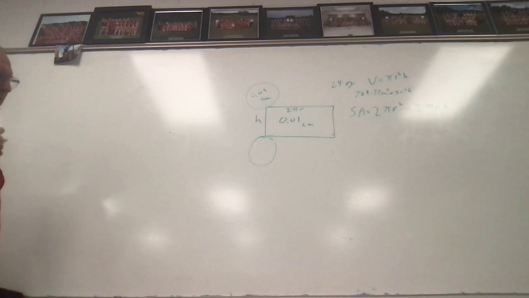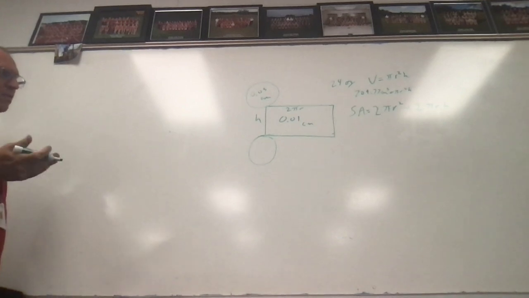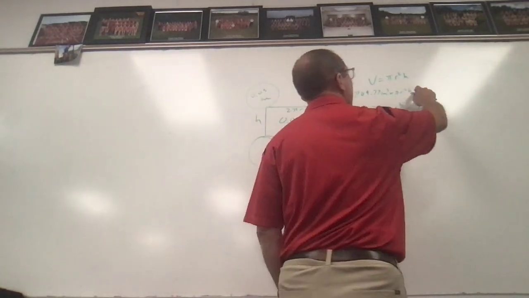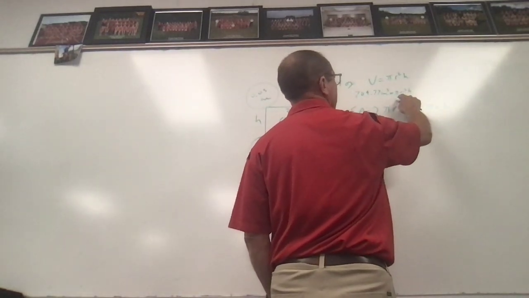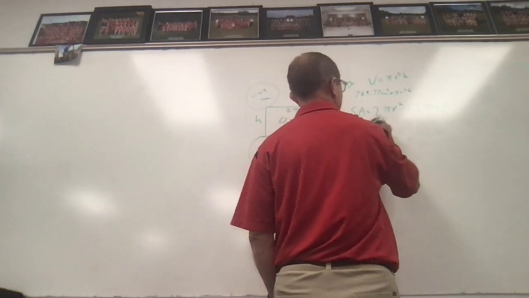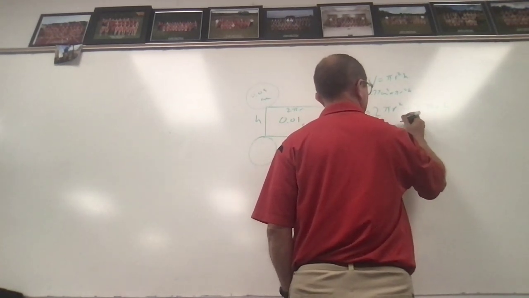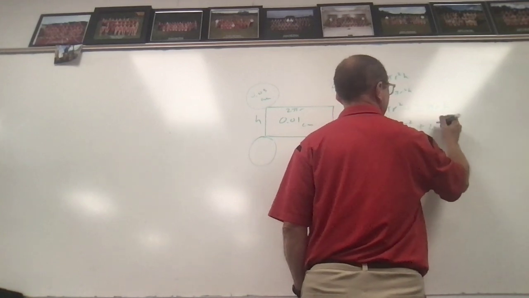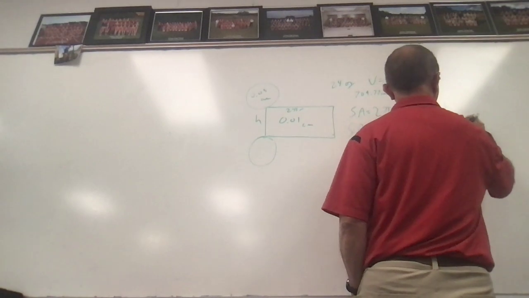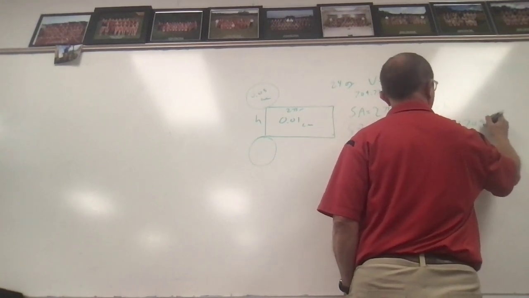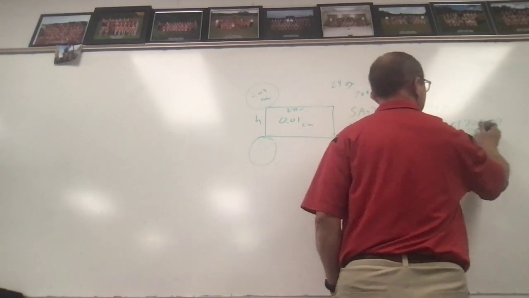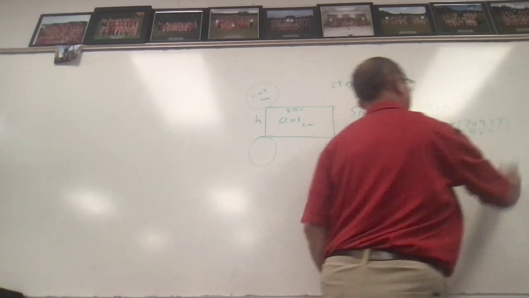Now, I've got more than one variable here, so let's take this h and write it in terms of r. So my h is 709.77 divided by pi r squared.